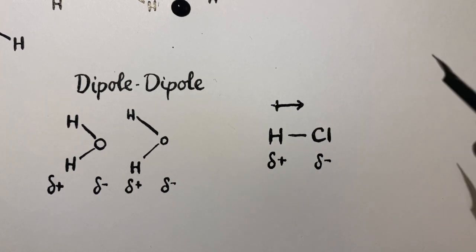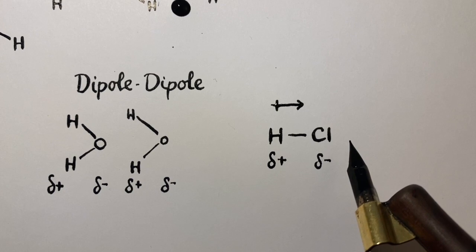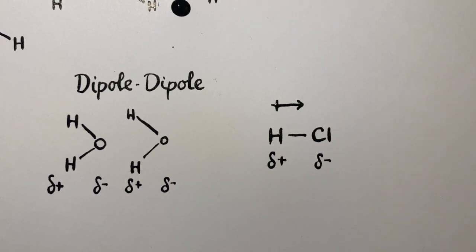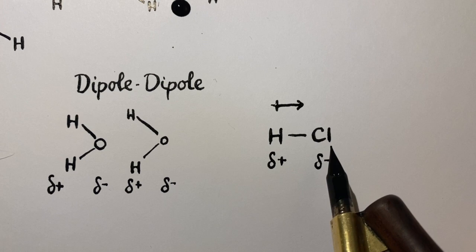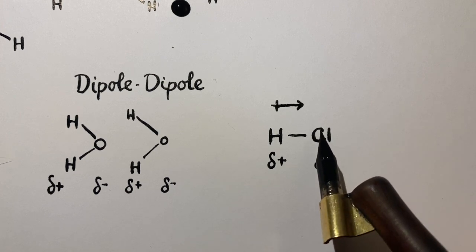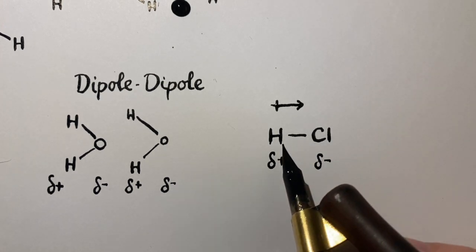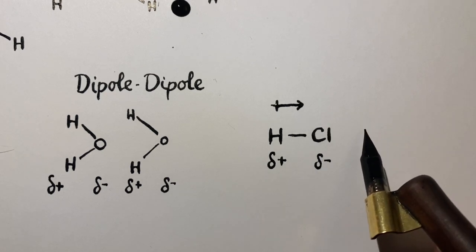Okay, so once again, if we looked at HCl, and by the way, when this is dissolved in water, then it becomes hydrochloric acid, but we're just looking at the hydrogen chloride molecule.